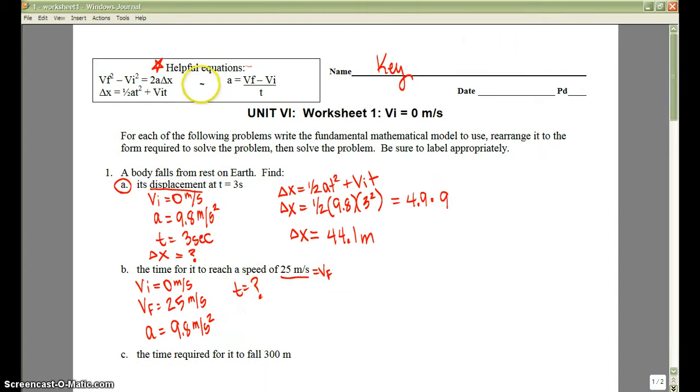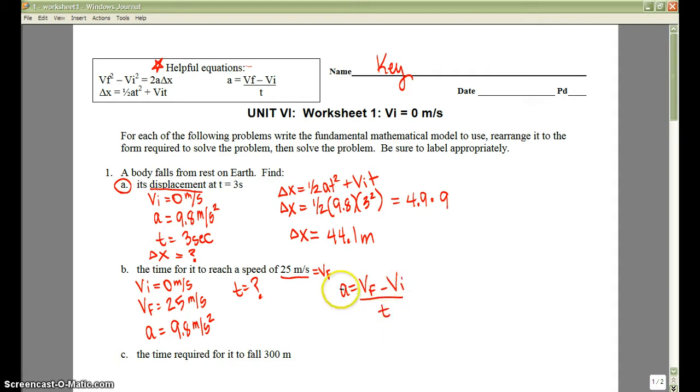So again, let's look up at our helpful equations. Looking at the variables we've written down, which one would be the most useful equation to solve for part B? Our equation as written is acceleration equals velocity final minus the velocity initial over time.